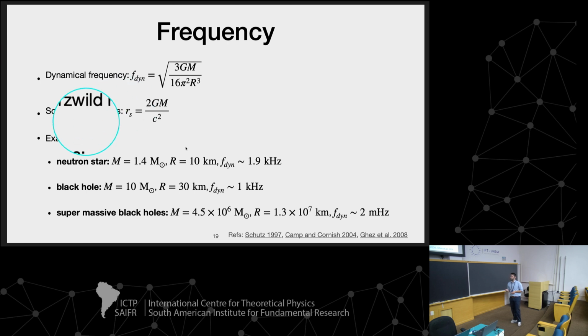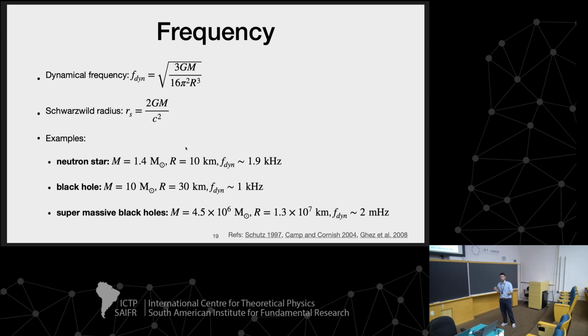So for example, if we take a neutron star with a mass of 1.4 solar masses and a radius of 10 kilometers, you get a dynamical frequency of 2 kilohertz. If you take a black hole of 10 solar masses and 30 kilometers, you get 1 kilohertz. So you see already what is happening to the dynamical frequency if you have a supermassive black hole, the gigantic, enormous black hole that is sitting within our galaxy: you get a dynamical frequency of 2 millihertz.